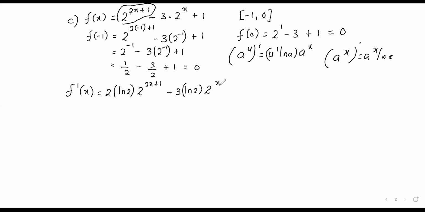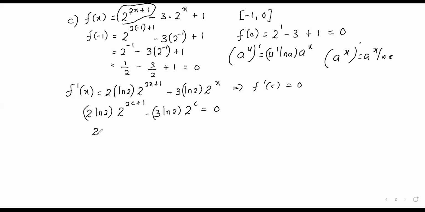And then we substitute c, because we want to solve f prime of c equal to 0. So we'll have 2 ln 2, 2 to the power 2c plus 1, minus 3 ln 2, 2 to the power c equal to 0. So ln 2 disappears.